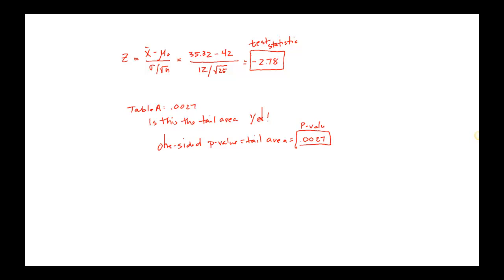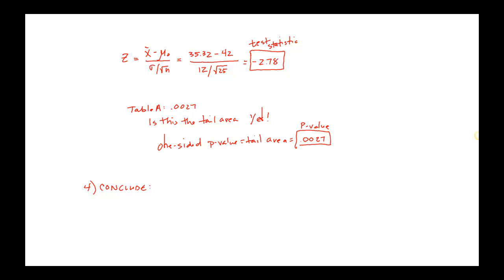All I have left is to draw conclusions. So step 4 is conclude, and our conclusion is going to have two parts. In the first part, we're either going to reject or fail to reject the null hypothesis. And then in the second part, we'll state our conclusions concerning the alternative.